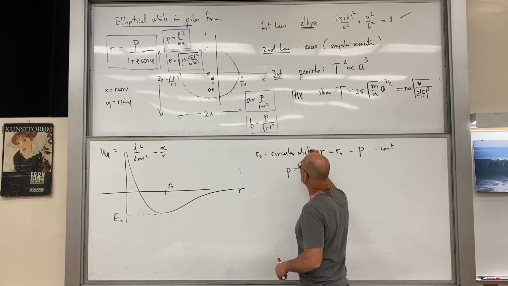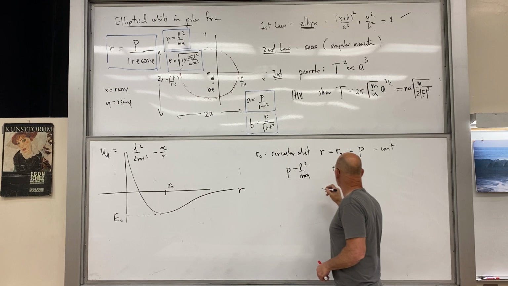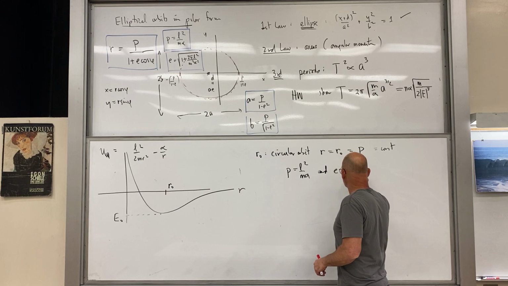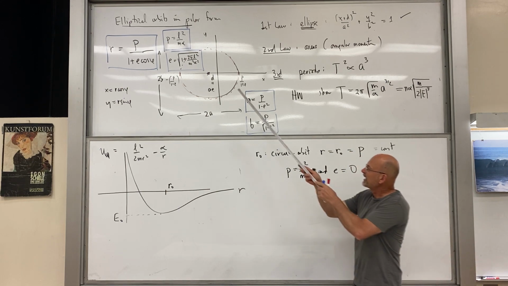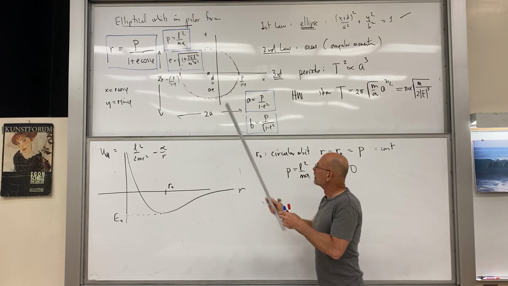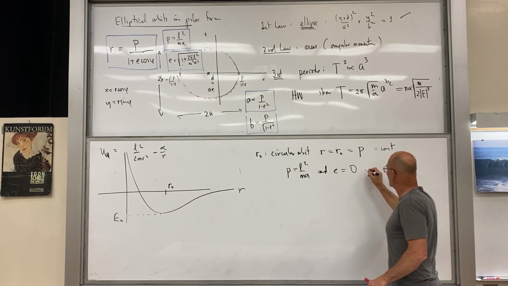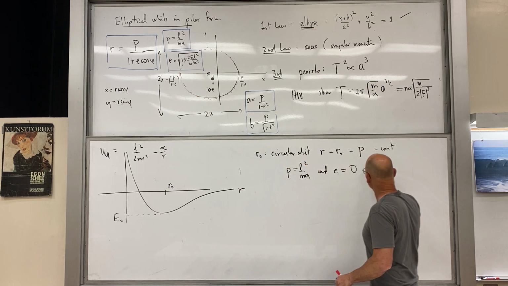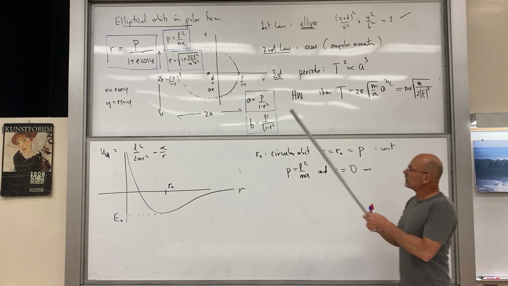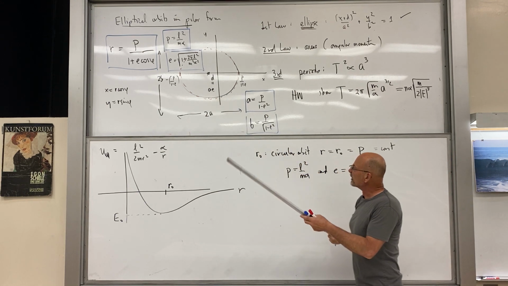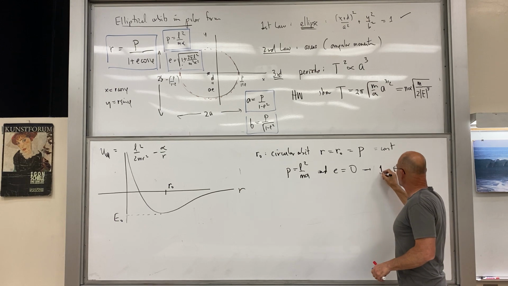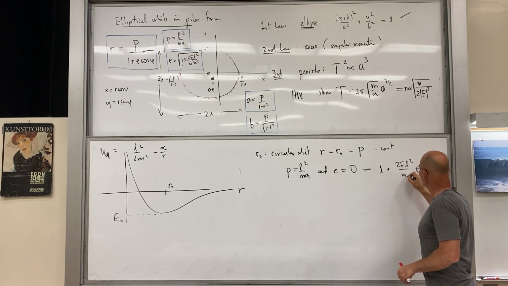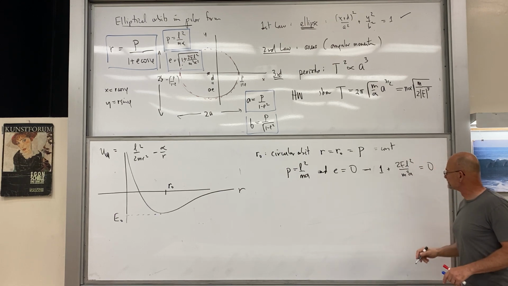So what do we have for p? p is L squared over m alpha, and e equals 0. Okay, so then we go to e, eccentricity. If e is equal to 0, what does that mean? What's inside the radical there is equal to 0. So we have 1 plus 2EL squared over m squared alpha squared equal to 0.